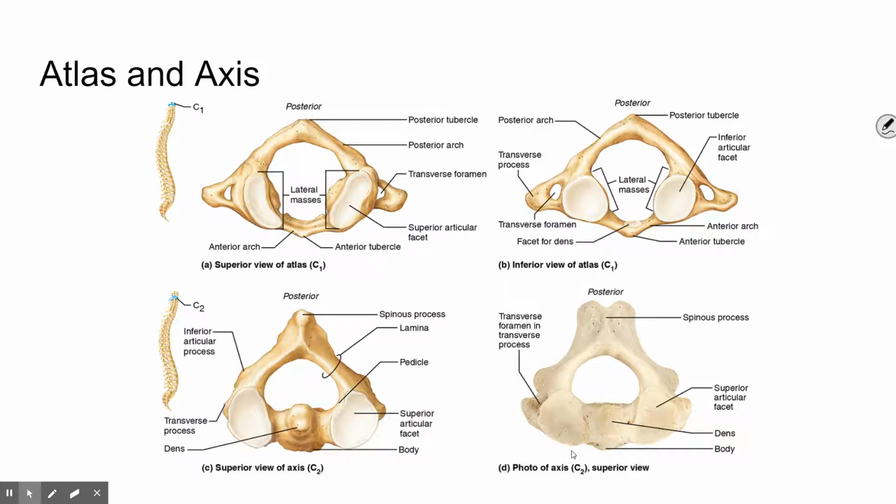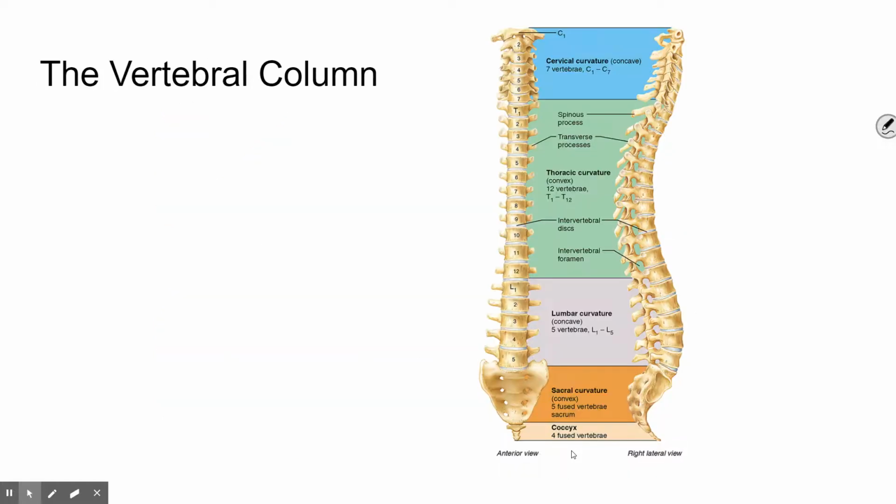And its job is to articulate directly with the skull. It gets the term atlas because of the mythological person that held up the earth. This is holding up your head, the atlas is. The axis, or C2, allows for the rotation of the head, and so you get the term axis rotation. Fair enough.